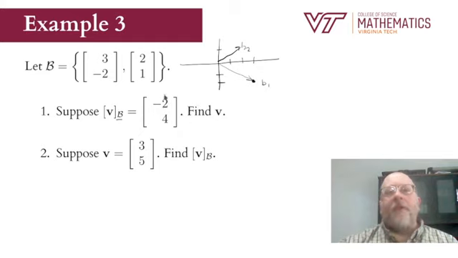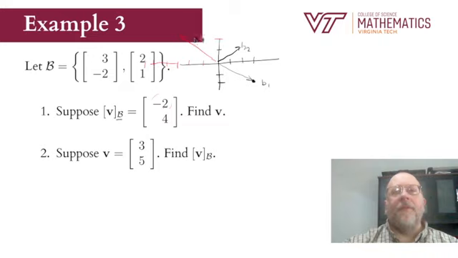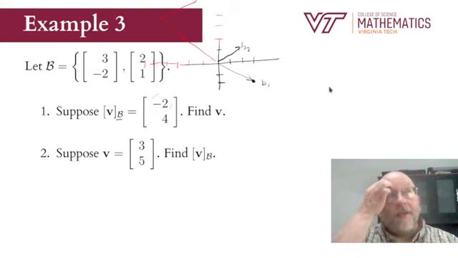We first go negative 2 units in the B1 direction. So that's negative 2 copies of B1. And I'm going to go up in my header here. And then 4 units in the B2 direction. So that's going to be 1, 2. I'm going to go off the top of the screen. That's okay.